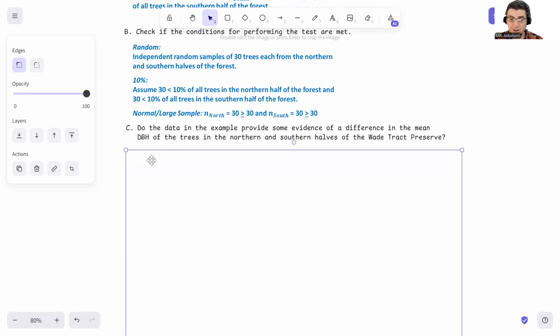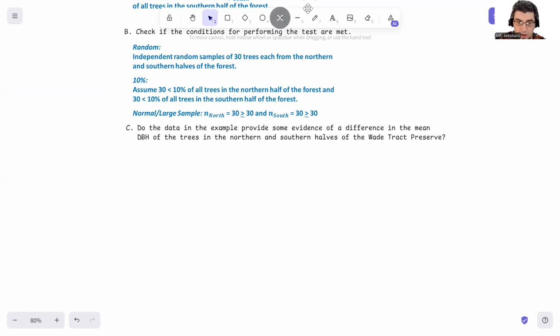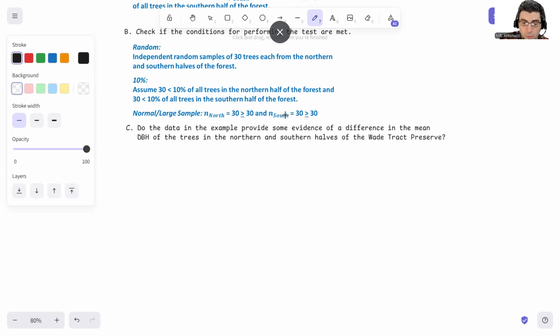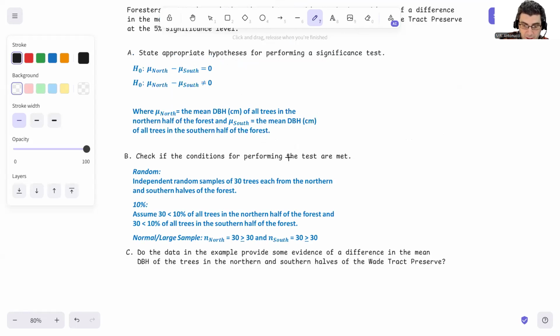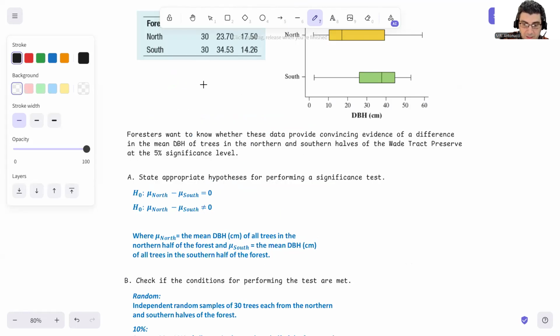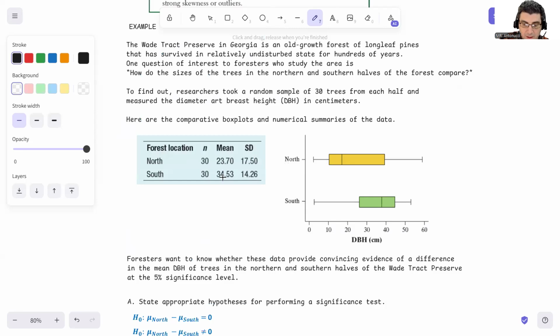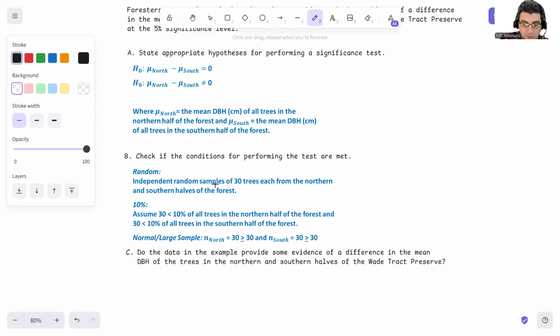So the question we want to answer now is, do the data in the example provide some evidence of a difference in the mean DBH of the trees in the northern and southern halves of the Wade Tract Preserve? So here's how we would do this. If we look up here with the summary statistics, you have the mean for the north and the mean for the south.